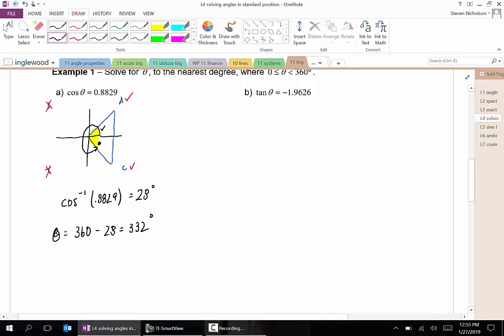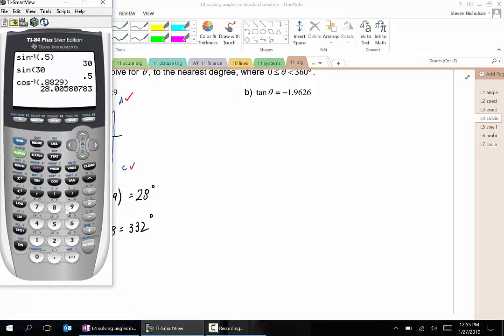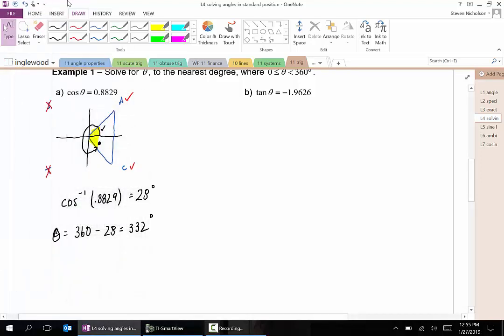Now our calculator doesn't tell us that, but we can use our calculator to check our answer. So when we take the cosine of 332 degrees, we need to get 0.8829. And there you go. There it is right there. So again, we're putting things together here. We're building, and we have to know lots of things.